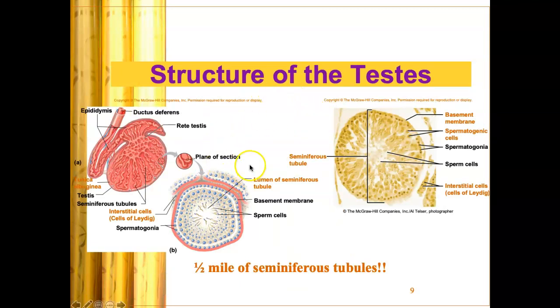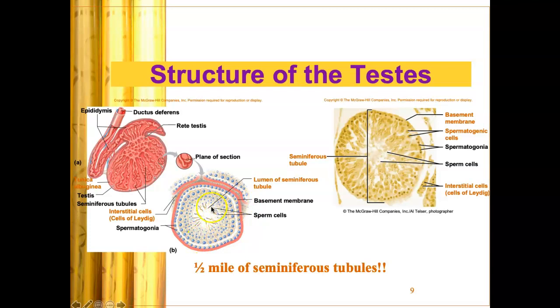The testis is subdivided a bit like an orange into sections, and in each section will be 1 to 4 seminiferous tubules. There are a half a mile of seminiferous tubules in one testicle, and this is where the sperm are produced. That production of sperm is called spermatogenesis. It's kind of cool how they're produced.